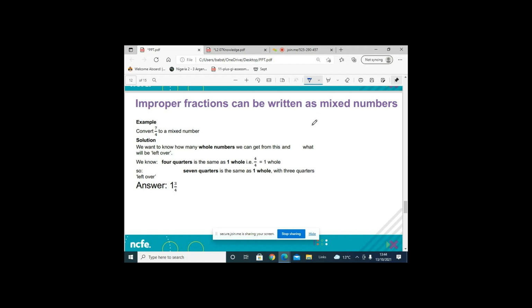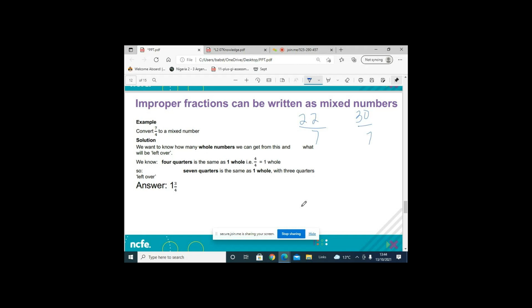Okay, so can you try and convert these: 22 over 7 and 30 over 7. They're all improper, so what's the missing number?